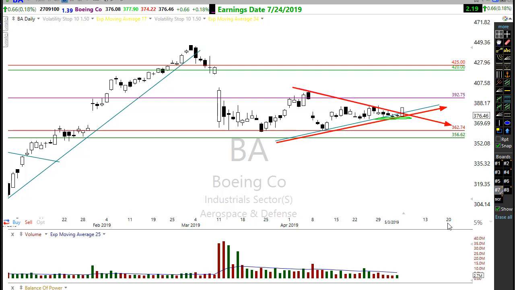And to make a straddle work, you need some kind of an event to make the stock move big. This is not one of those things. This is not a news event to make the stock move big. Because remember, one side of a straddle is always a loser.